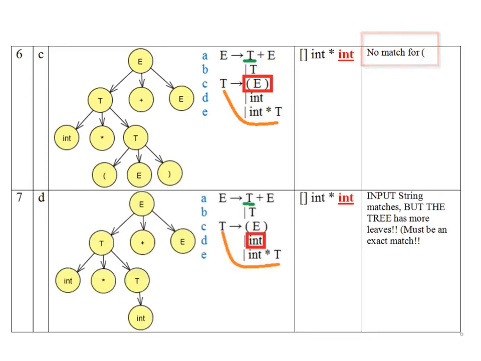In step 7, it looks like hallelujah, we have it. We have the final int, but here's the bad part. Does the tree look right? Well, the input string matches, but the tree itself has many more leaves. You'll notice the plus and E are still unaccounted for, so this really doesn't work out.